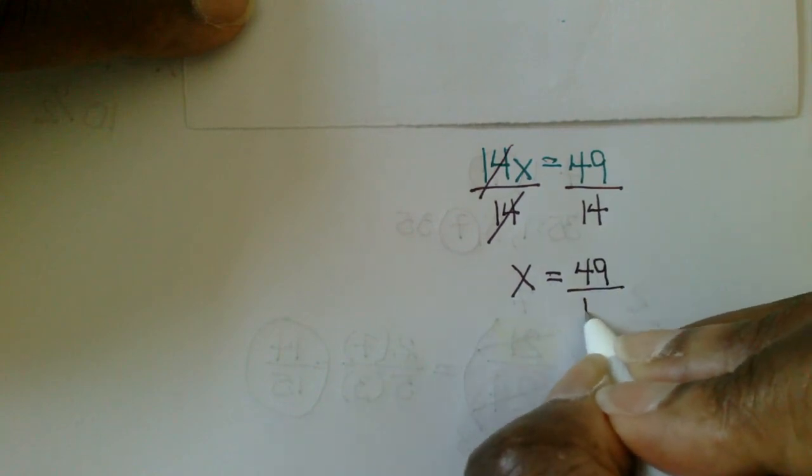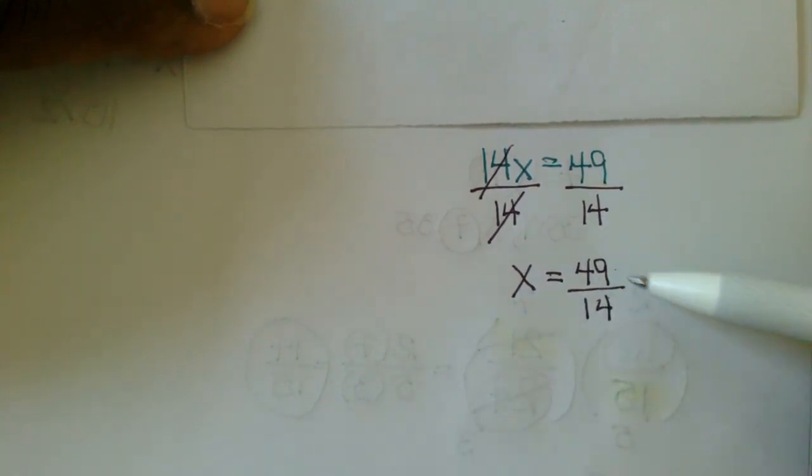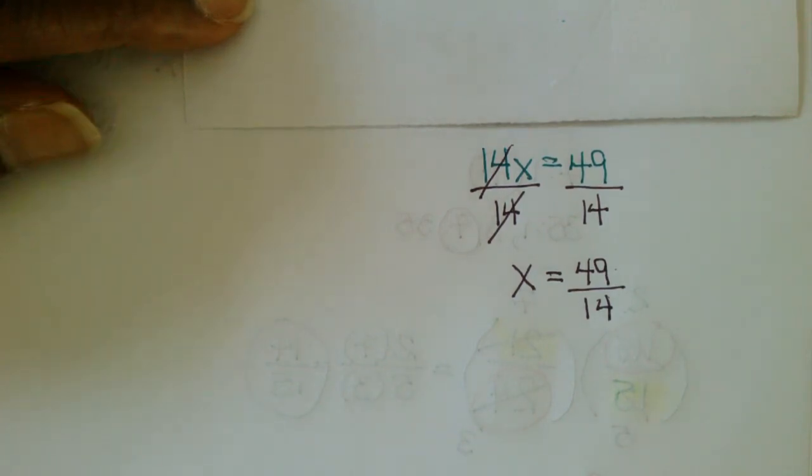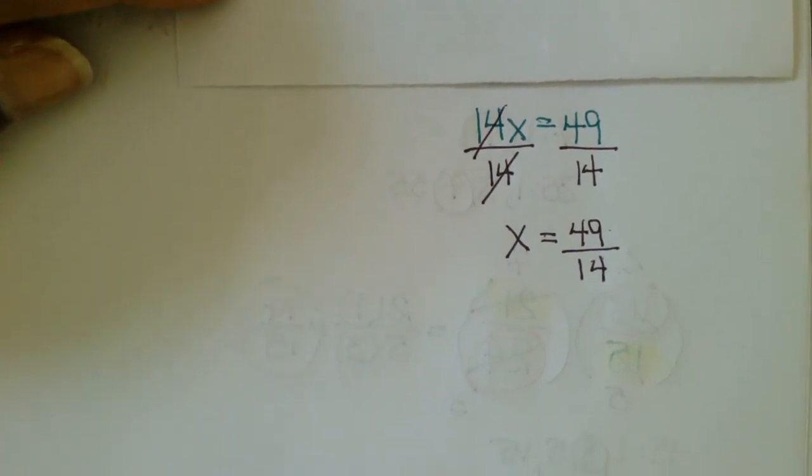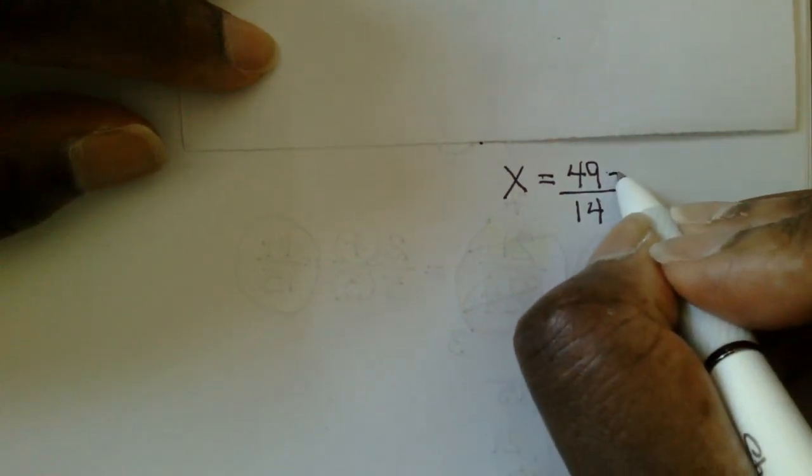that can be reduced. What does 49 and 14 have in common? All right, so they have 7 in common.